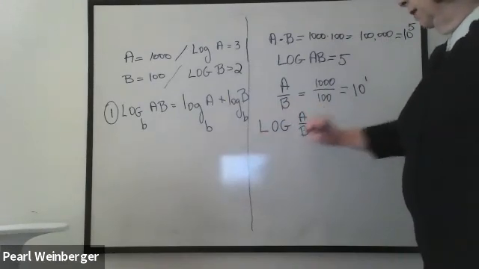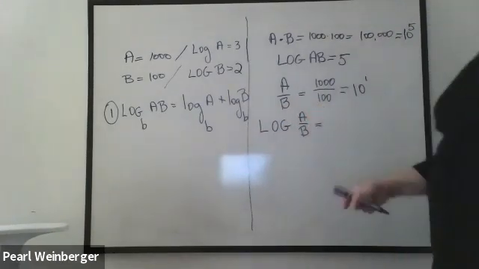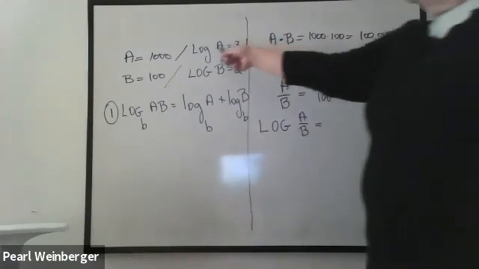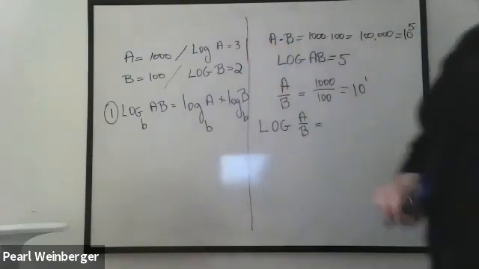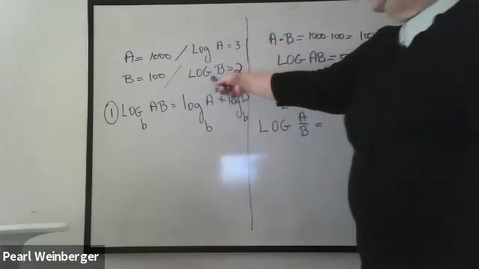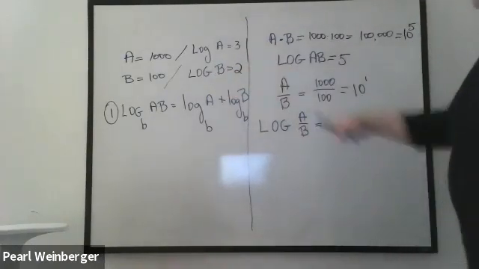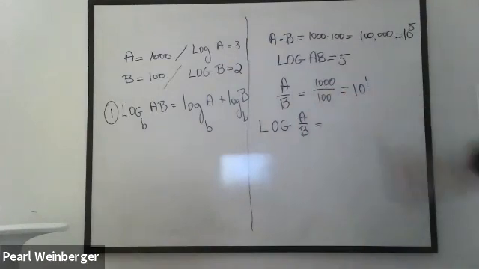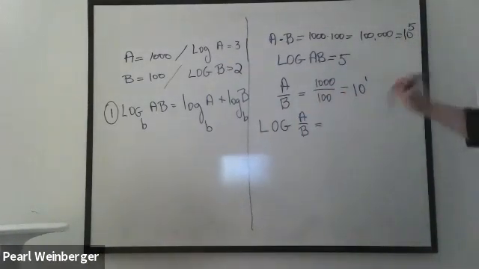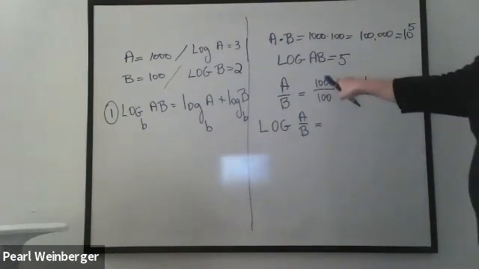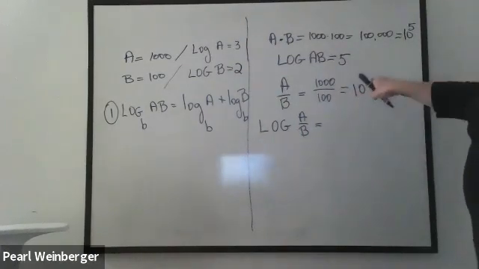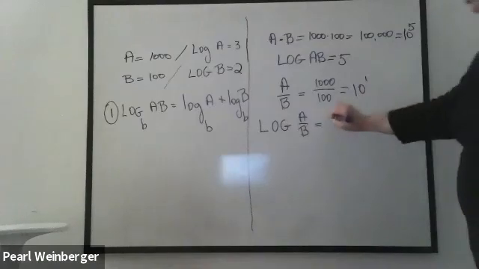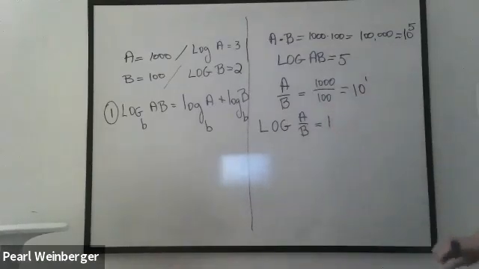What should I do to the logs? My log of a is 3. My log of b is 2. What is the log of a over b? What is the log of 10? Remember that log is the exponent. The log of 1,000 divided by 100 is the log of 10, which is simply 1.